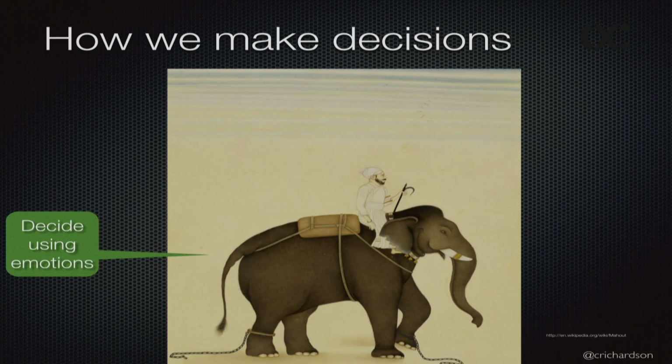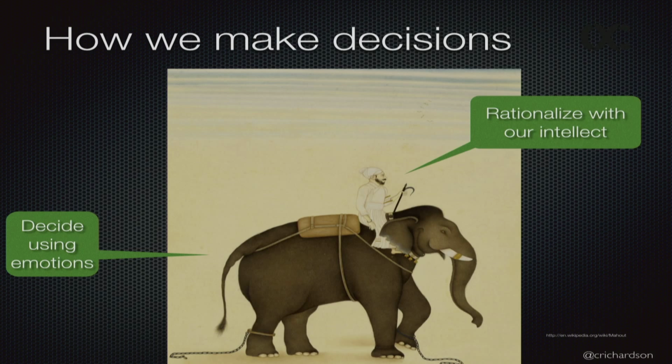The rational part of our brain is like the rider. It tries to point the elephant in the right direction and sometimes succeeds, but the elephant can go wherever it wants. In fact, the rational part of our brain is often used to come up with justifications for decisions that the emotional part of our brain has already made. If you just accept that, it explains an awful lot about the world.